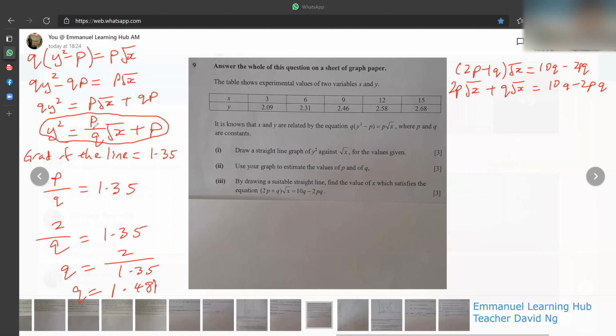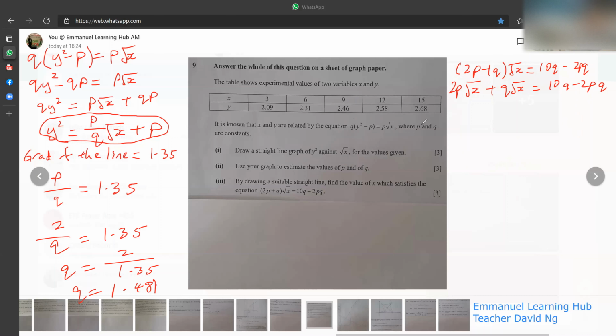Okay, y square is this guy, p over q root x plus p. So I will divide by 2q on all the sides. I divide by 2q.